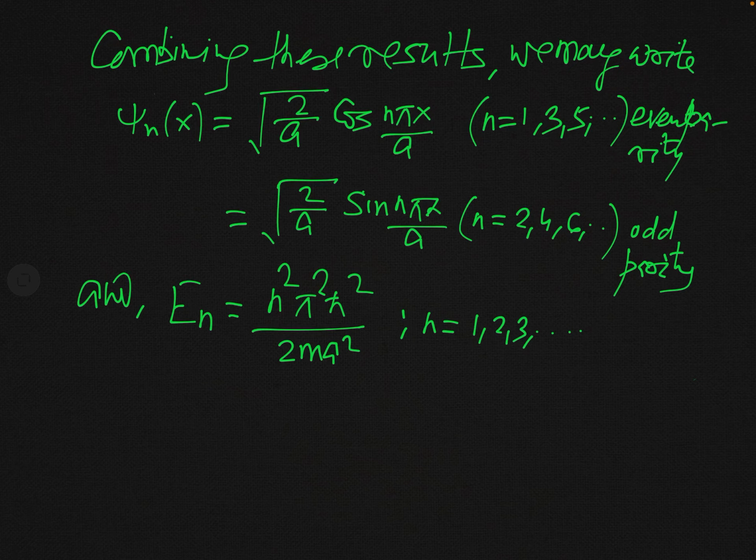When you take n equal to 1, you get the energy eigenvalue for the eigenstates with even parity, and when you take n equal to 2, 4, 6, you get the energy eigenvalue for the eigenstates with odd parity. So this result is the same as the case of particle in a one-dimensional box when the box was asymmetric.